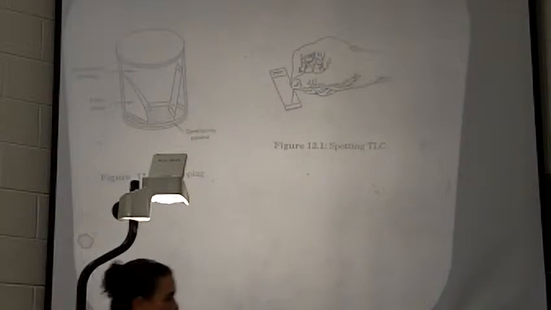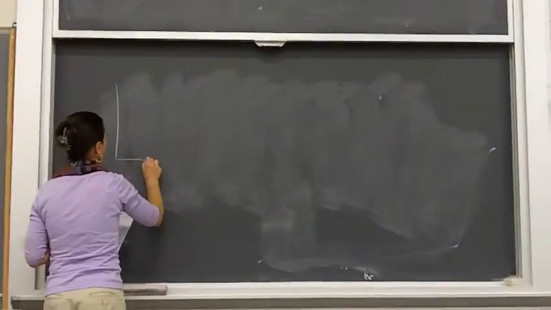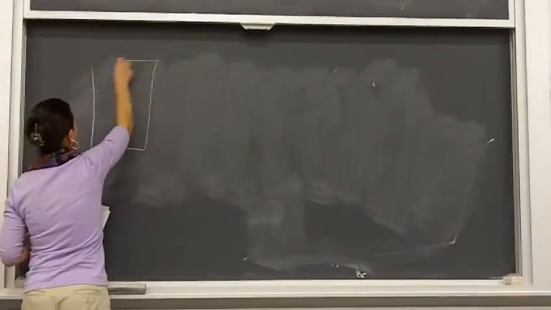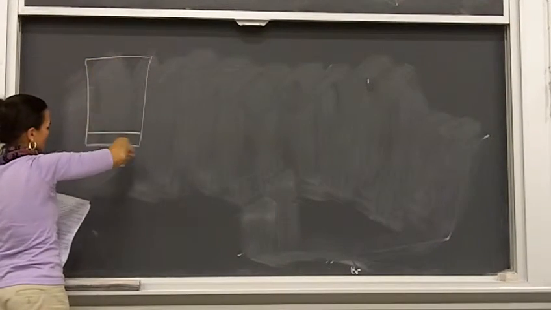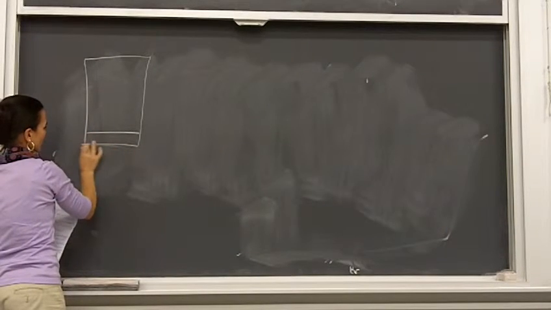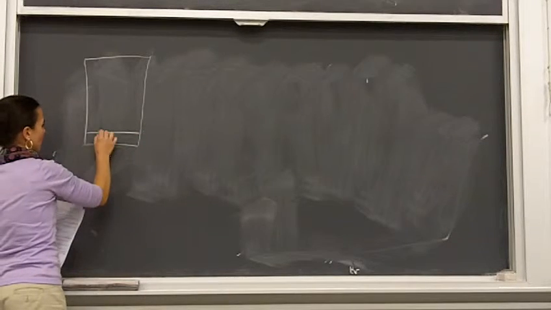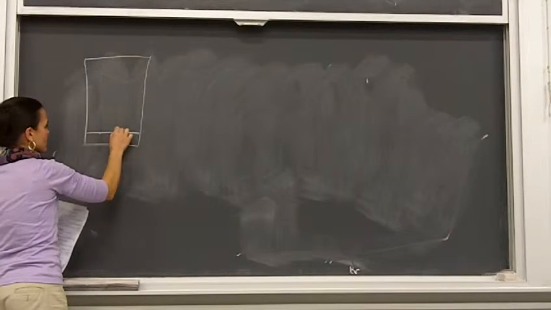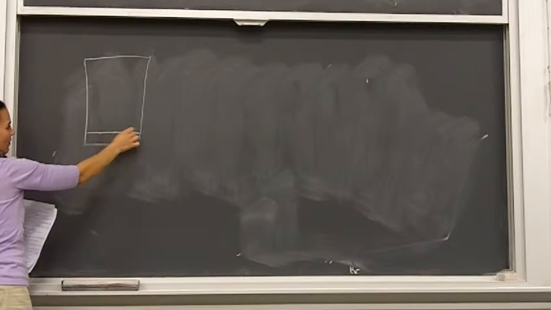So the spotting of the TLC plates. Here is our generic TLC plate. You will get a plate with the silica on it, with the plastic backing that has the line drawn on the bottom, and then you are going to spot with capillaries on that line.